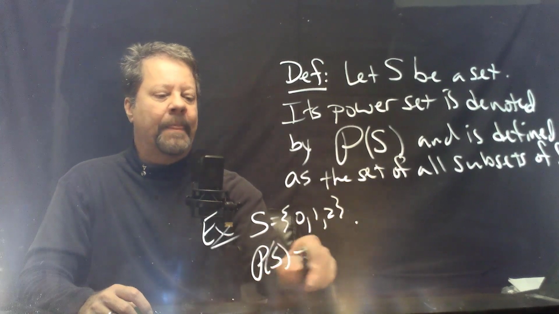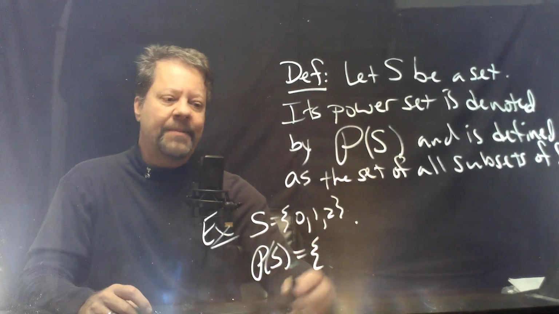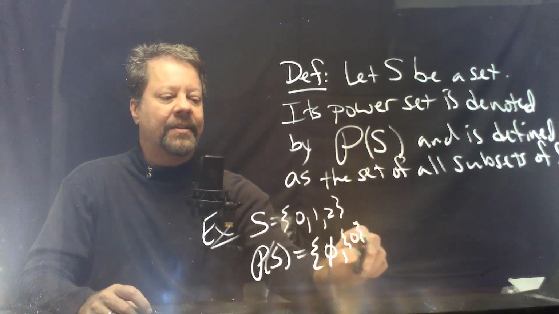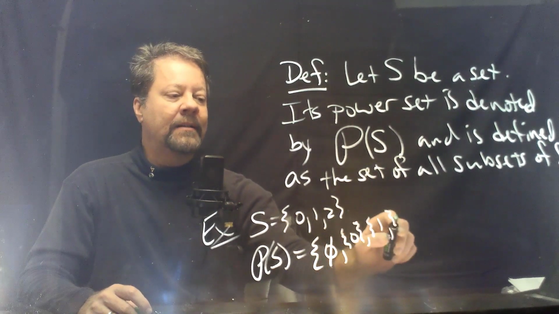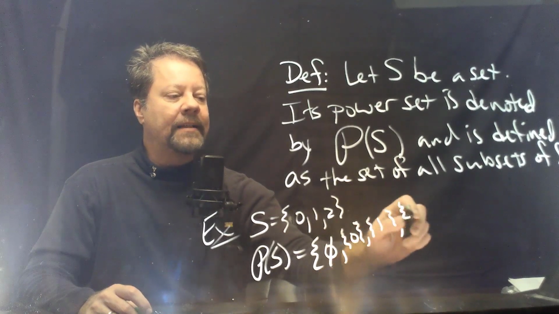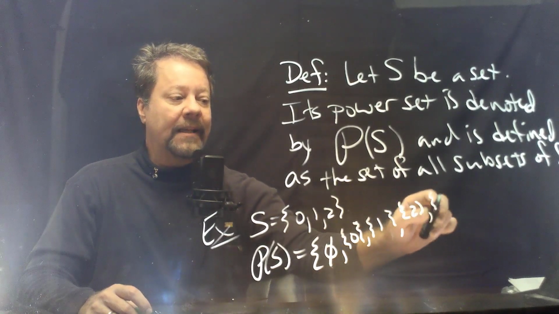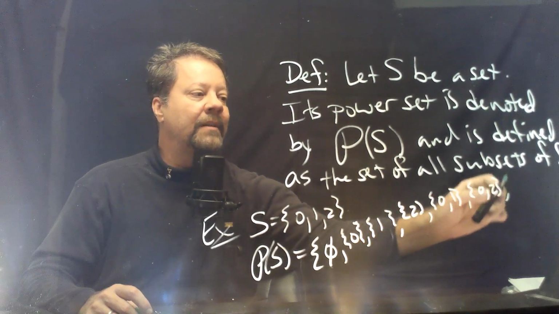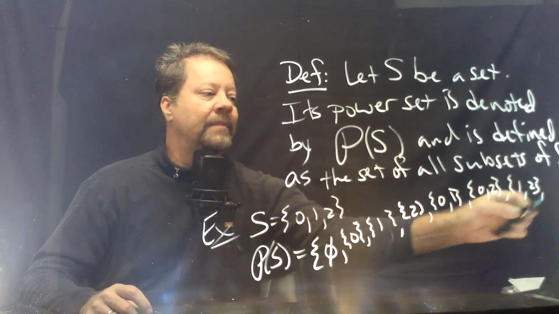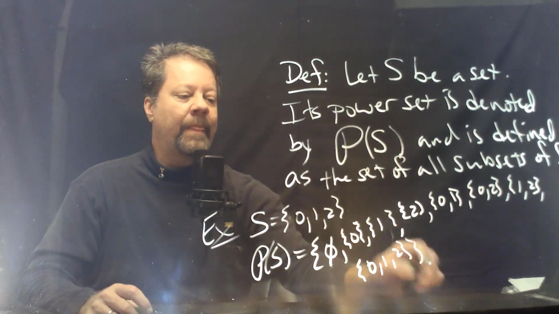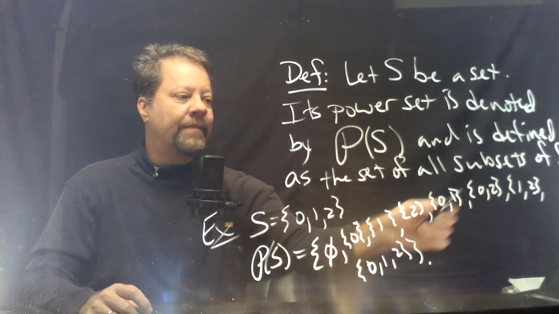So for example, if my set S is the set 0, 1, 2, then the power set of S will be the set of all subsets, which includes the empty set, the set that contains 0, the set that contains 1, the set that contains 2, the set that contains 0 and 1, the set that contains 0 and 2, the set that contains 1 and 2, and the set that contains 0, 1, and 2. 1, 2, 3, 4, 5, 6, 7, 8.